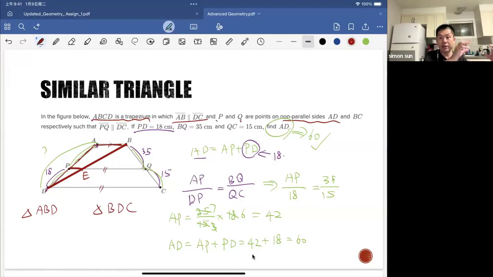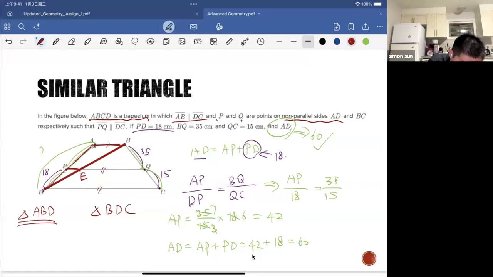We can say, because this is a triangle, the two other sides should be divided into the same ratio. So for ABD, we have DE over BE should be equal to DP over AP.